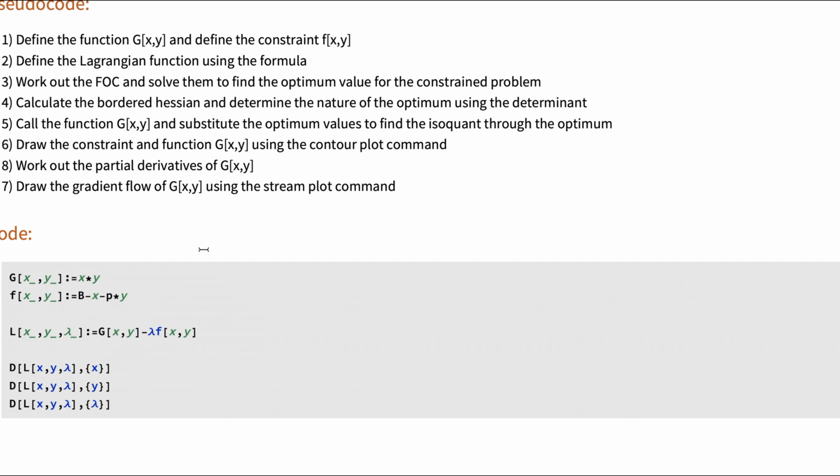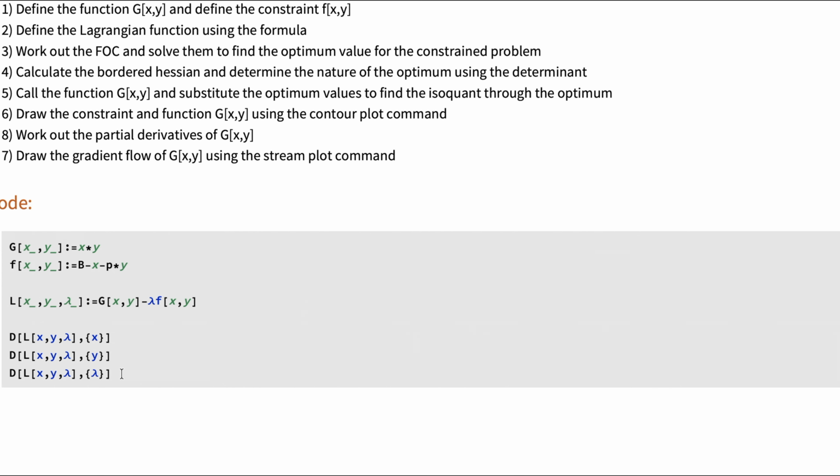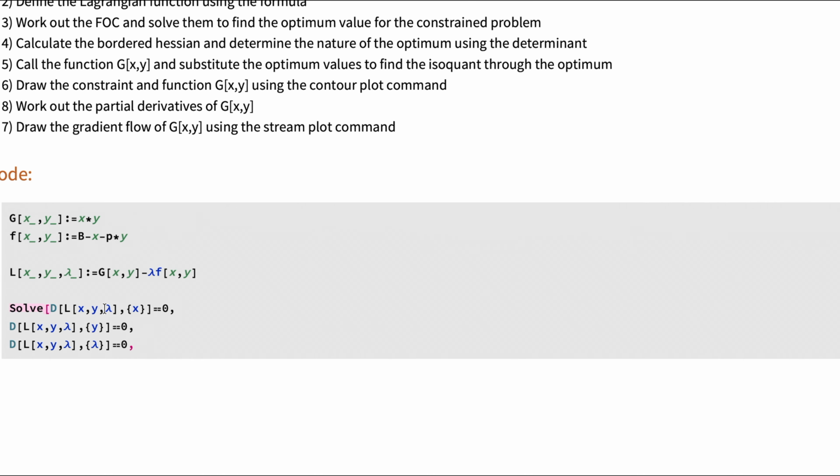Then we have to solve these three equations in order to find the optimum value for the constrained problem. In order to do that, we use the solve command. These three equations will be equal to 0 because first order conditions are always equal to 0.